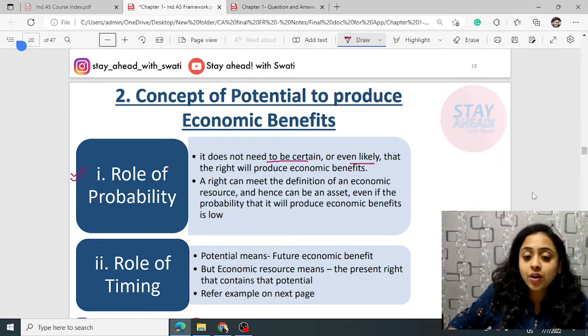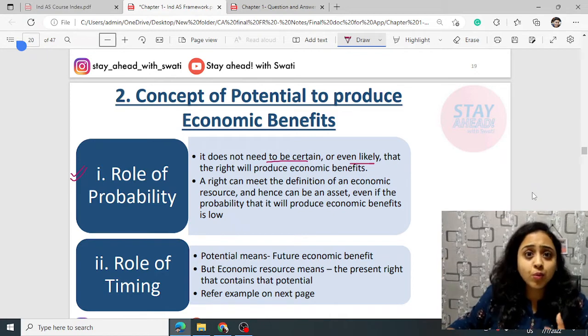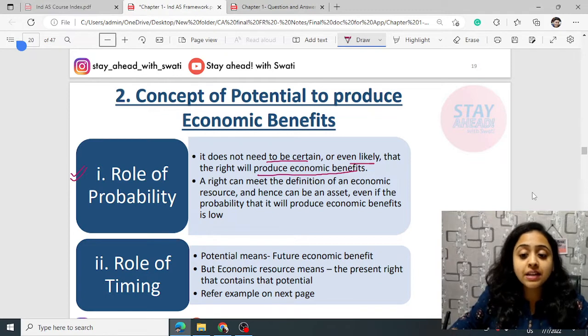It does not need to be certain, 100% sure, or even likely, that most probably the right will produce economic benefits. A right can meet the definition of an economic resource and hence can be an asset, even if the probability that it will produce economic benefits is very low.